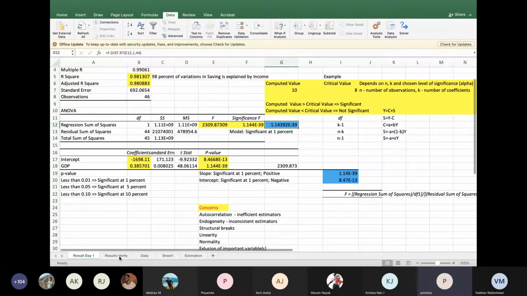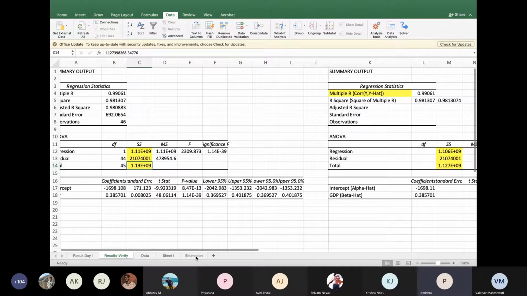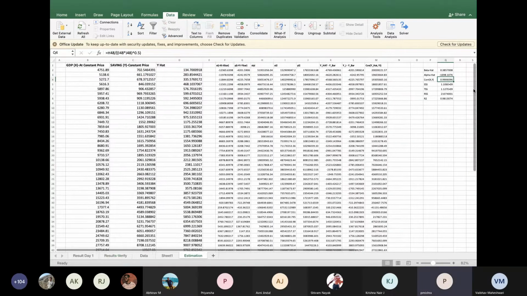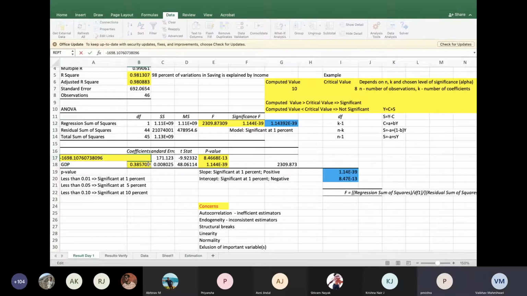You can see in that worksheet. This is what we are getting when we are directly using the command, right? Yes. And here we are doing it manually. We are getting the same. Yes, sir. Now, what else did we do the other day?